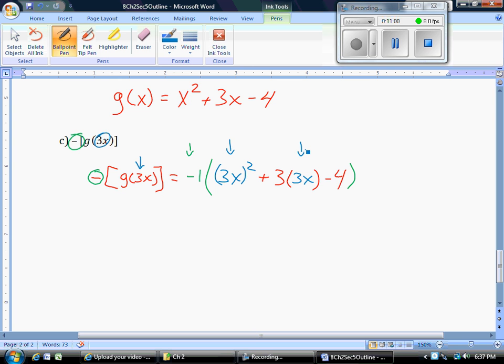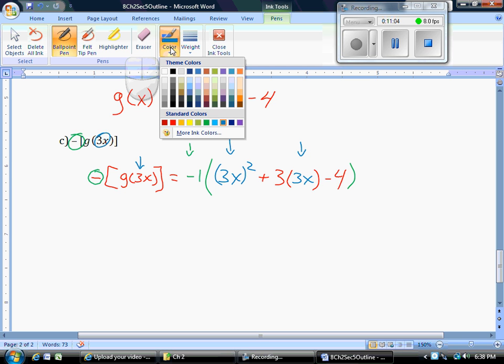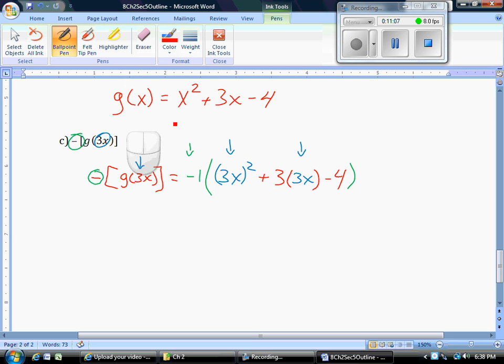And now, again, it just comes down to simplifying. So let's start inside the parentheses. 3x squared, 3x times 3x is 9x squared plus 3 times 3x is 9x, because 3 times 3 is 9. Then I still have a minus 4. Okay? So everything's done inside the parentheses.